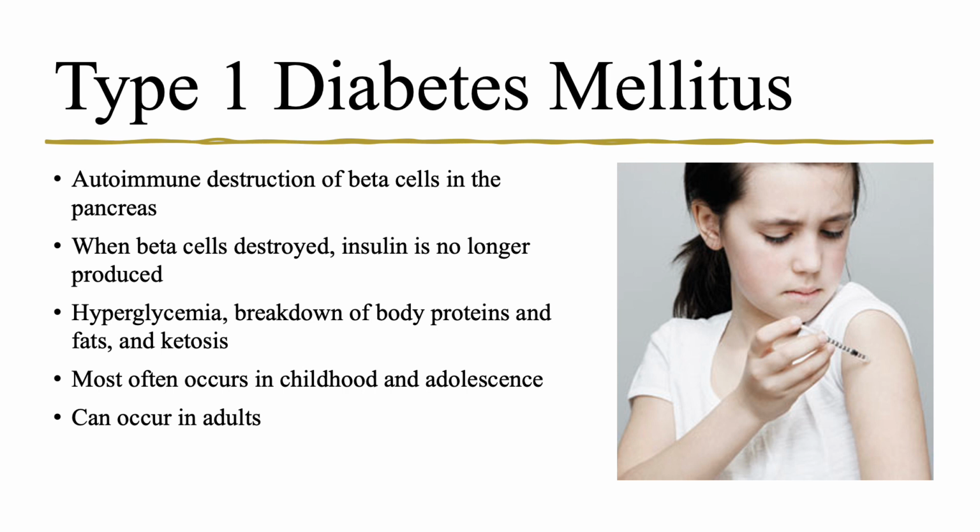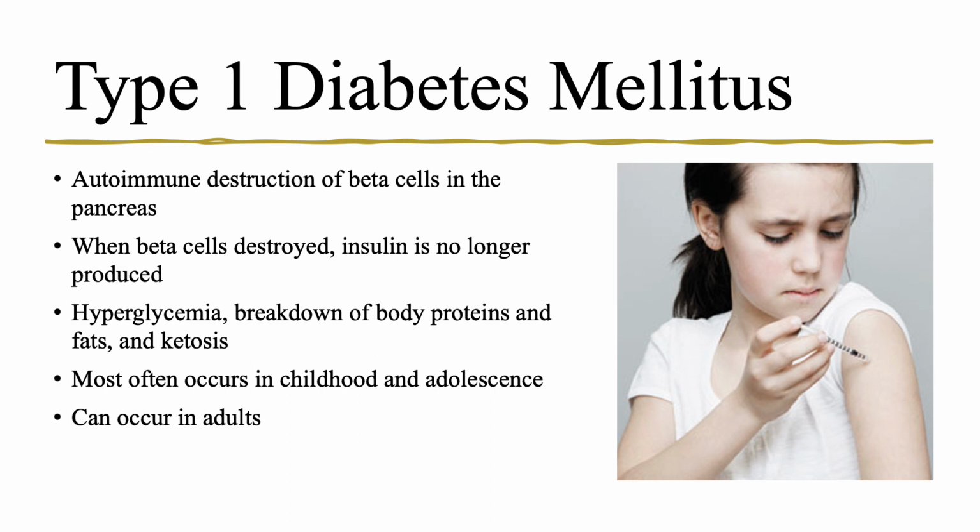It's characterized by hyperglycemia and by a breakdown of body proteins, fats, and the development of ketosis. And if you remember, we talked about ketosis as a cause of metabolic acidosis. So when we talk about diabetic ketoacidosis, think about that acid-base condition known as metabolic acidosis.